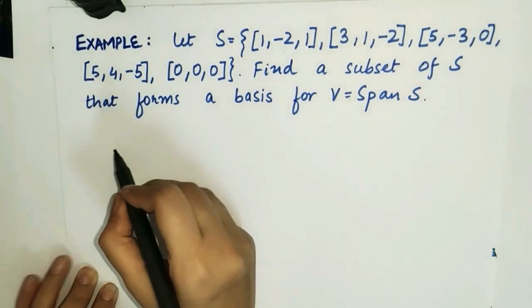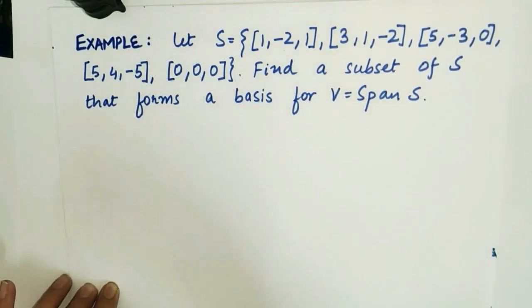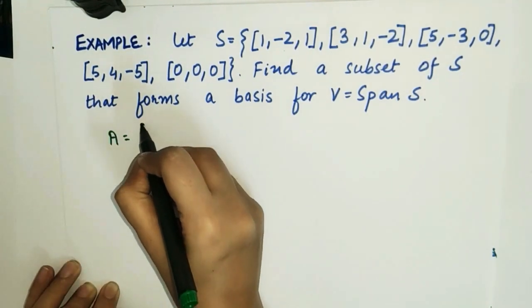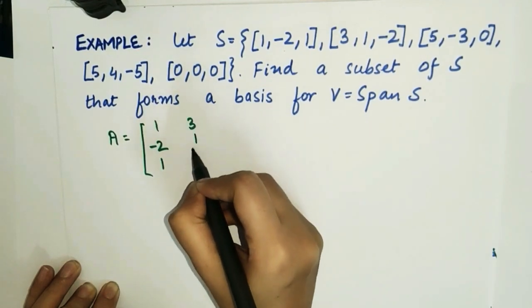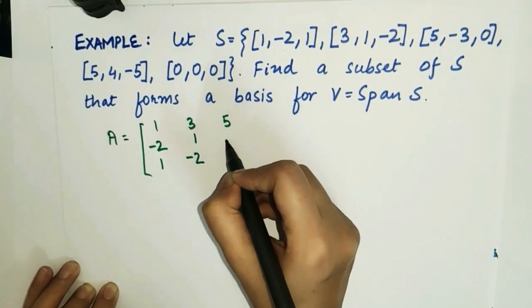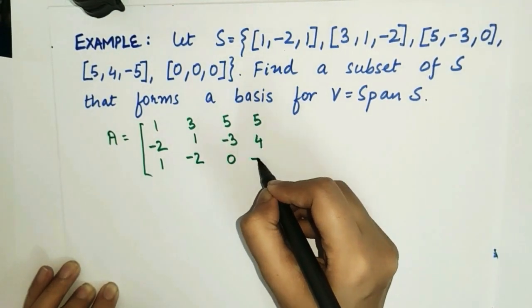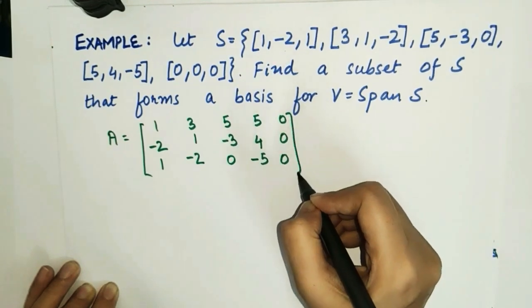So now, because I need to find the maximal linearly independent subset of S, I apply ITM. So I construct matrix A, which is 1, minus 2, 1, 3, 1, minus 2, 5, minus 3, 0, 5, 4, minus 5, 0, 0, 0.